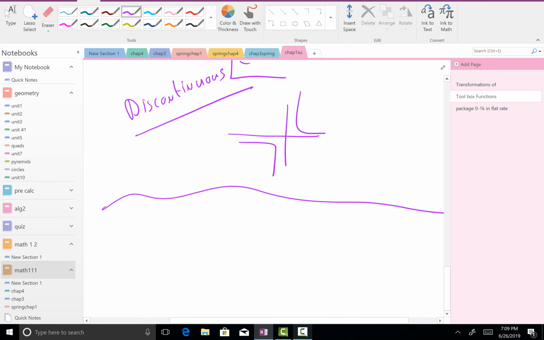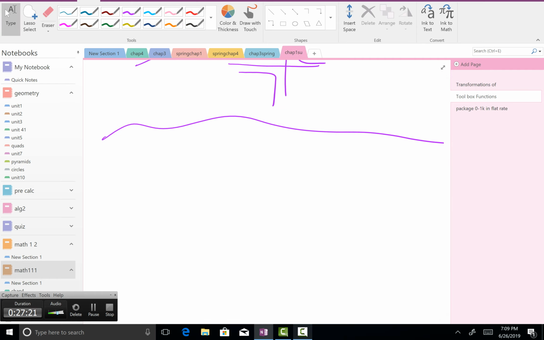So we'll do piecewise here. Let's take a look at some piecewise functions. A piecewise function is kind of the way it sounds. It's built into pieces. So, for example, you have a function and a condition.